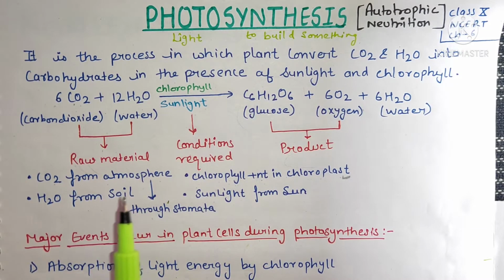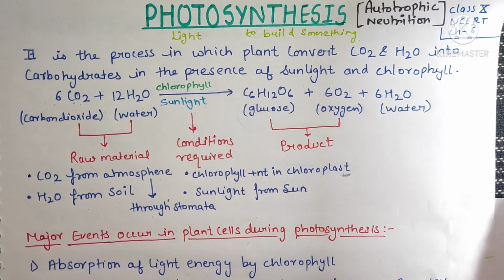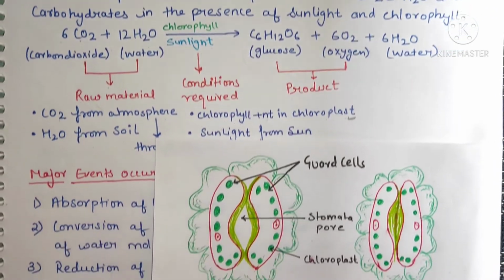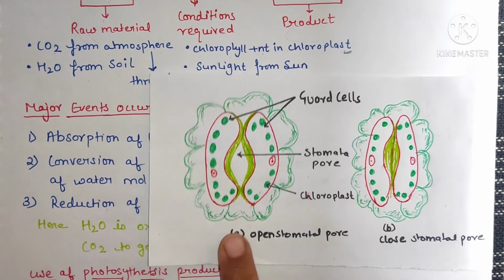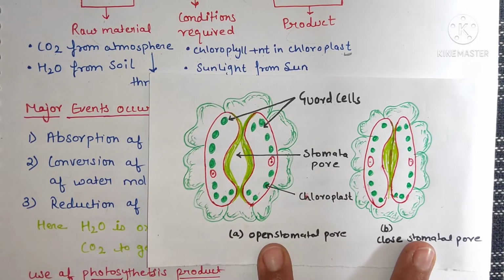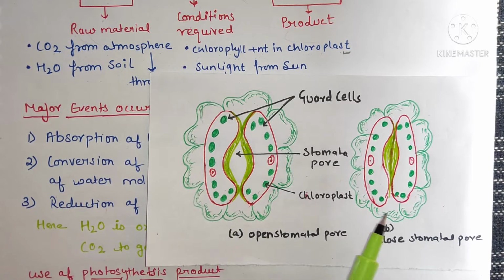Okay, so how does the plant get carbon dioxide from the atmosphere? Plants have small tiny pores known as stomata. These are present on the leaf surface, and when the stomata open, gas exchange occurs, and when the stomata close, gas exchange ceases.